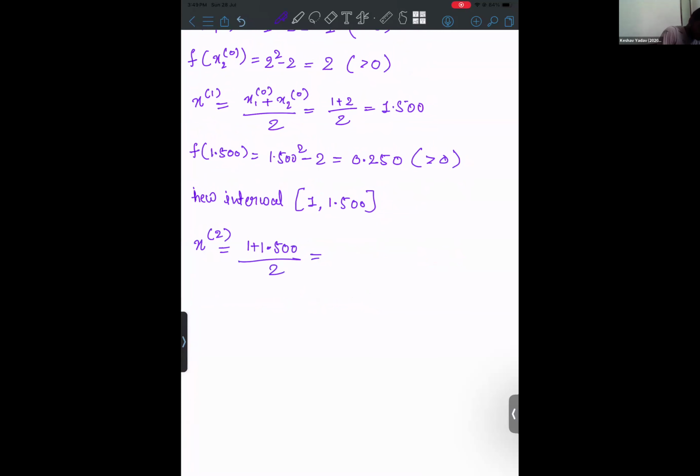So it will come to 1.250. Now we need to check the function value here. So f at 1.250 will be equal to 1.25 square minus 2. So what will be the square of 1.25?